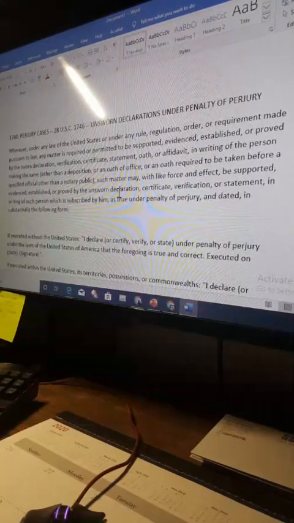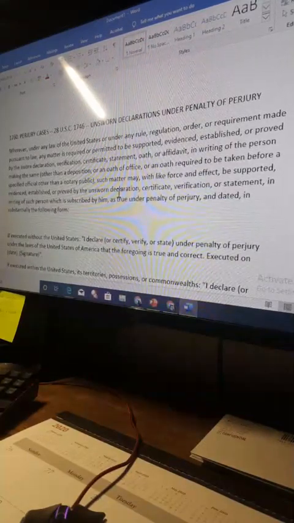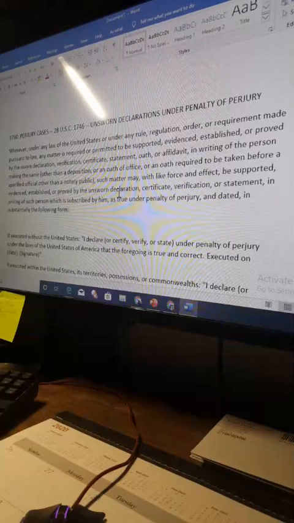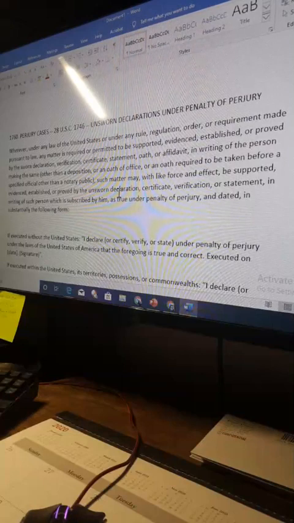Wherever under any law of the United States or under any rule, regulation, order, or requirement made pursuant to law, any matter is required or permitted to be supported, evidenced, established, or proved by the sworn declaration, verification, certificate, statement, oath, or affidavit, in writing of the person making the same, other than a deposition or an oath of office or an oath required to be taken before a specified official other than a notary public.